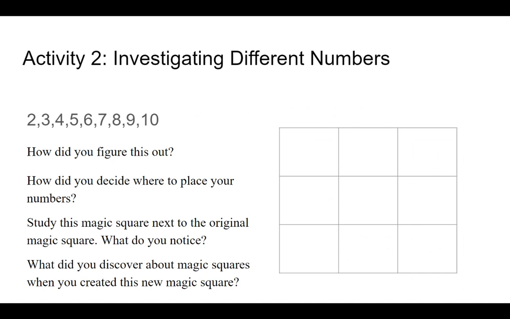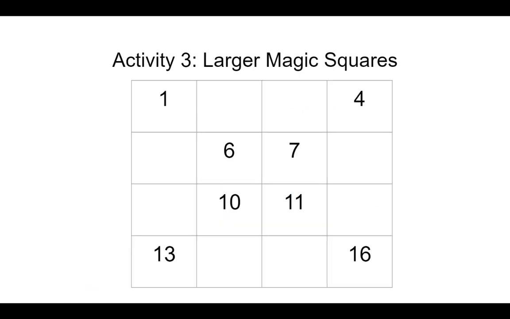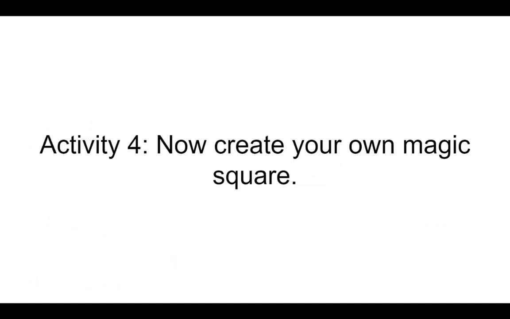And are there connections between those two? The third activity is to present students with a larger magic square. So now they're applying what they've learned from what it means to be a magic square to know what should go in those other spaces and then where to place them. And then the last one, create your own.